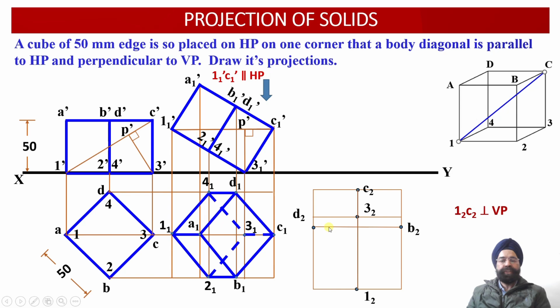Now we will be able to obtain another projection line, and onto this projection line on the boundary, points B2 and D2 will be located. So we can see this is point B2, this is point D2 over here. So B2 and D2 have been located at a distance of this much from C2 or at a distance of this much from 3,2.